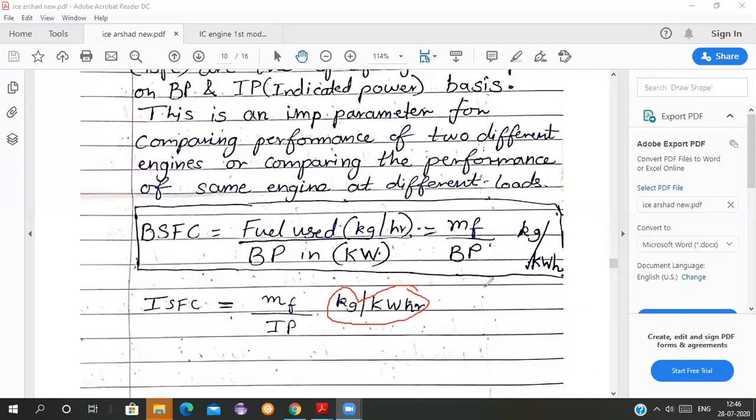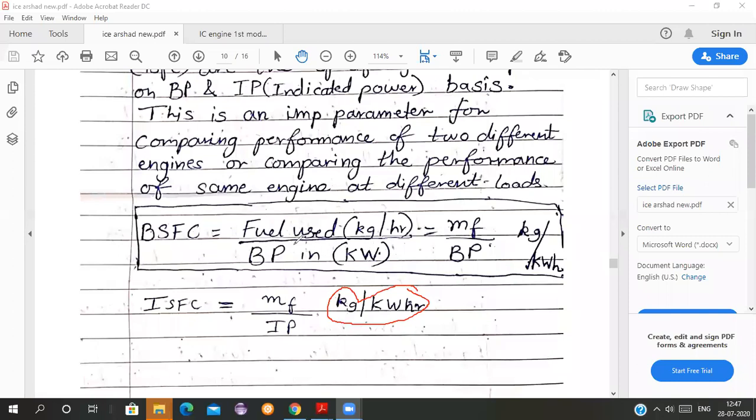What will be more? BSFC is more. Students are saying BSFC is more.